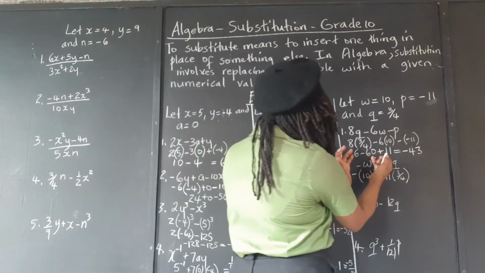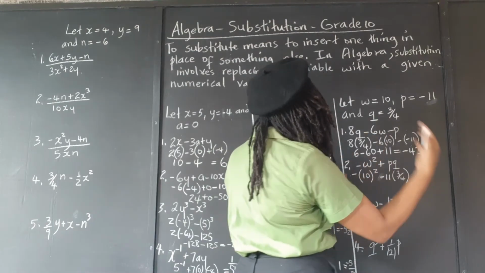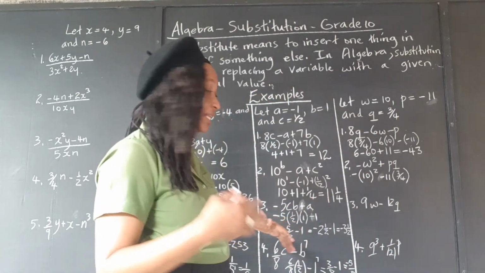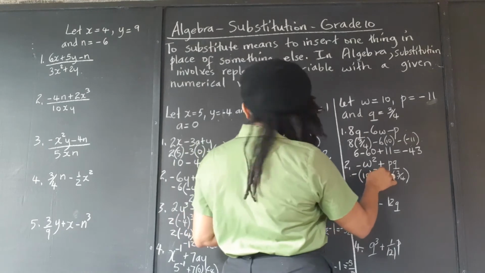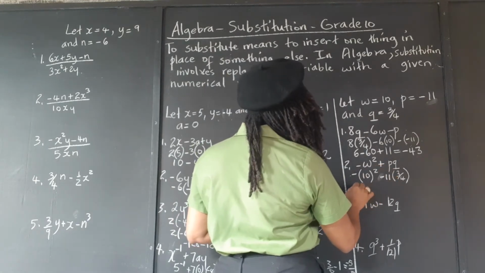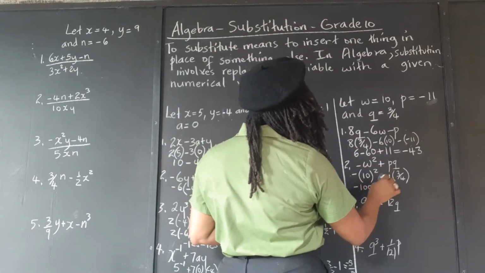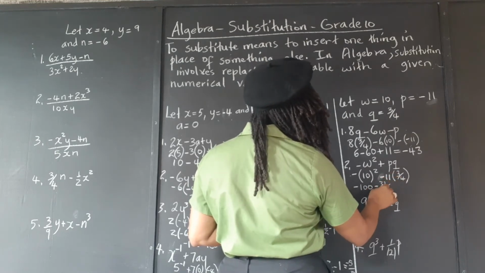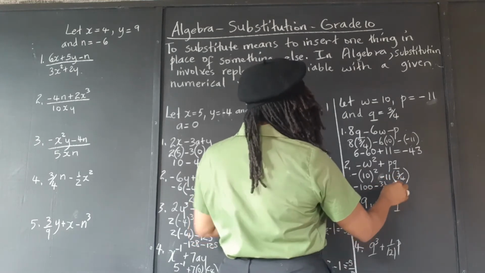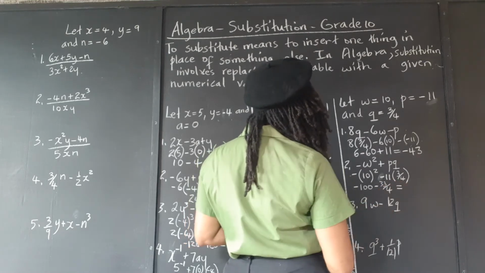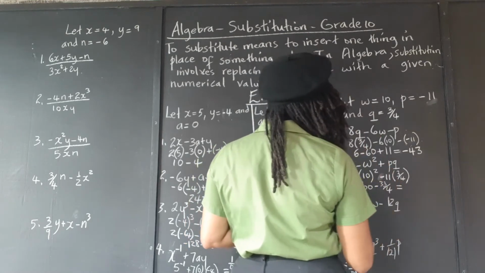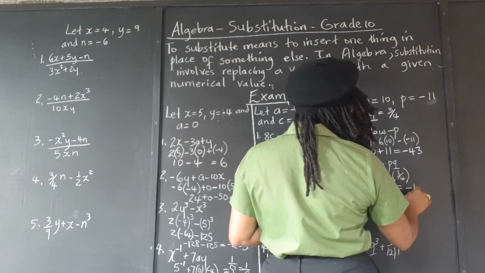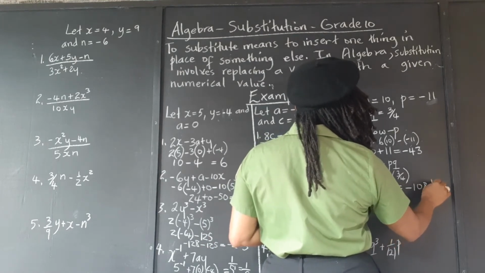If they had bracketed the negative W, then we'd raise the whole thing to the second power, but they didn't. So 10 to the second power is 100, so negative 100 minus 33 over 4. 33 over 4, that's 8.25. So it's negative 108 and a quarter.